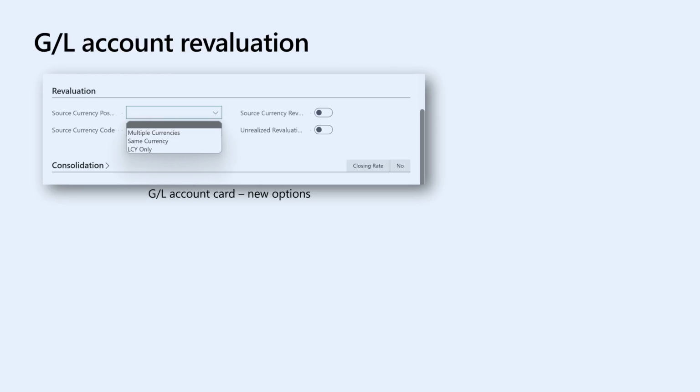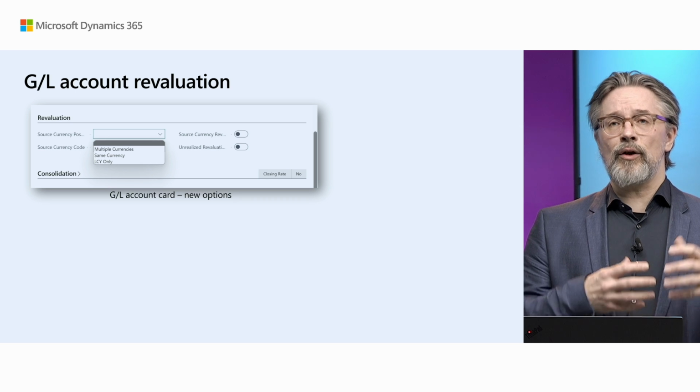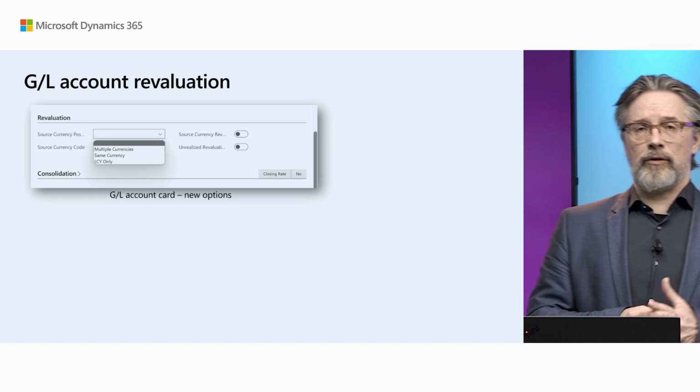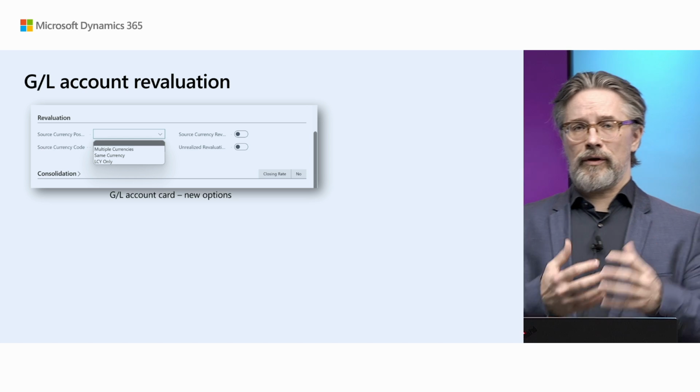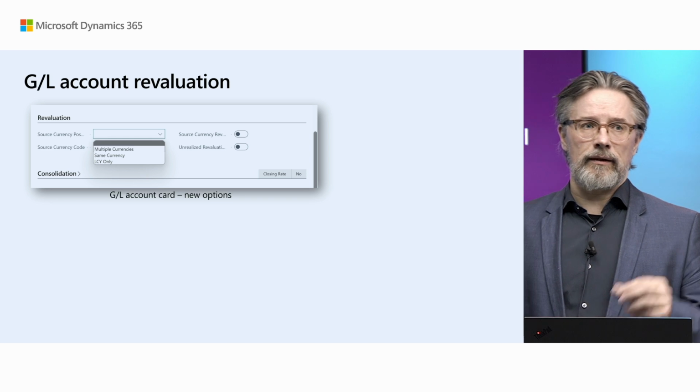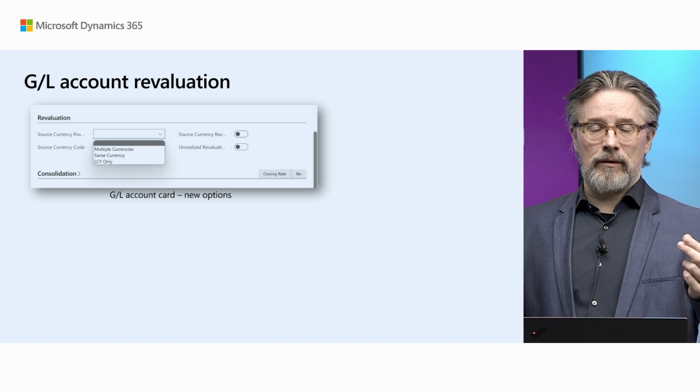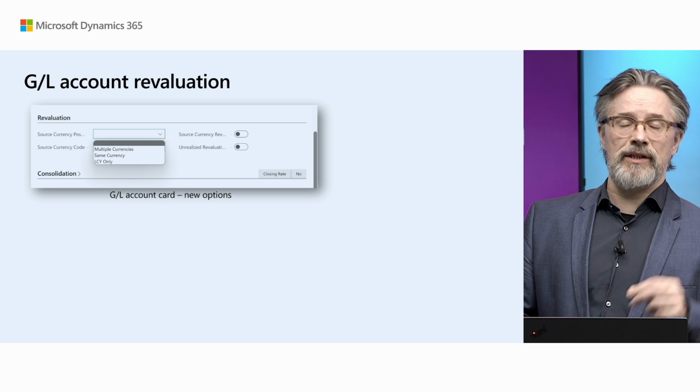So GL revaluation has been the top idea on the BC Idea site for a long time. In the GL account card, you will now be able to specify when you're posting a journal or a document with currency, whether you will accept for this GL account that currencies are posted with the same currency, which you will then specify.